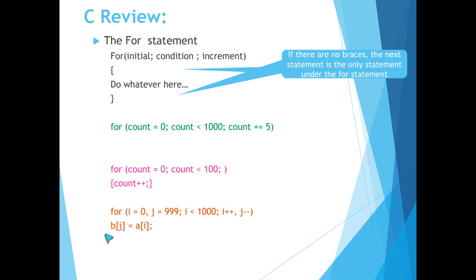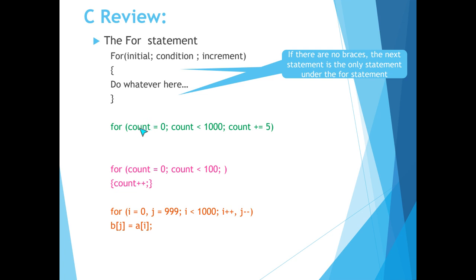Here there are some examples for control structures. For example, for parentheses, as you see, inside the parentheses we write the initial value. At first, the variable name should be written. I called it count.